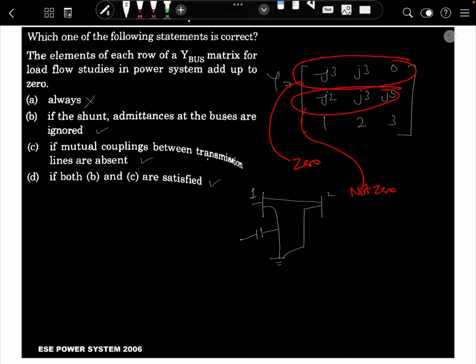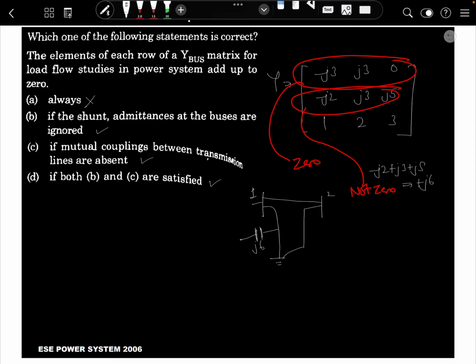Now if we add minus j2 plus j3 plus j5, it gives 8 minus 2, minus j6 plus j6, so j6 here; this is a capacitor value connected, so it is not 0, that's why.